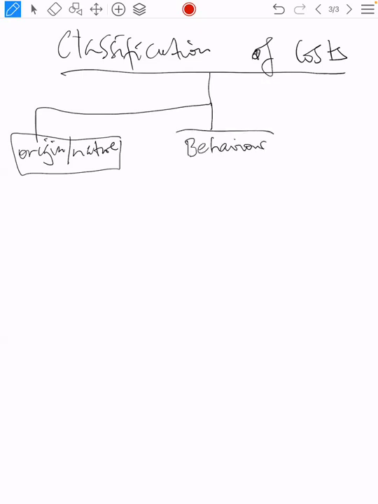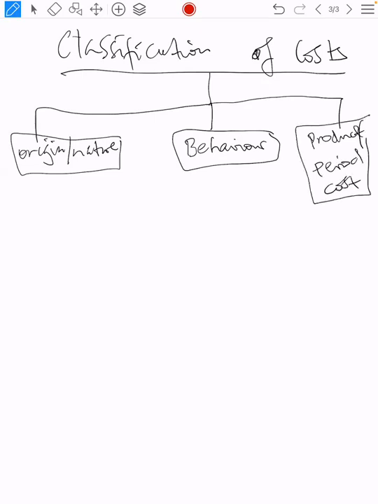Our costs can also be classified into either product or period cost. These are the buckets into which our costs can be classified.